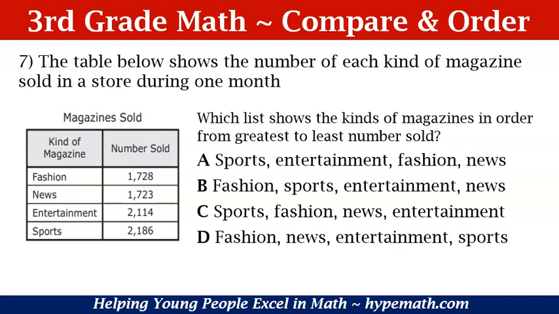So, moving on to number 7, and it is in your workbook, the question says, the table below shows the number of each kind of magazine sold in a store during 1 month. Which list shows the kind of magazines in order from greatest to least number sold?